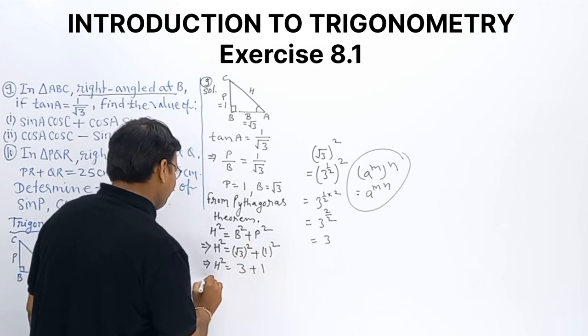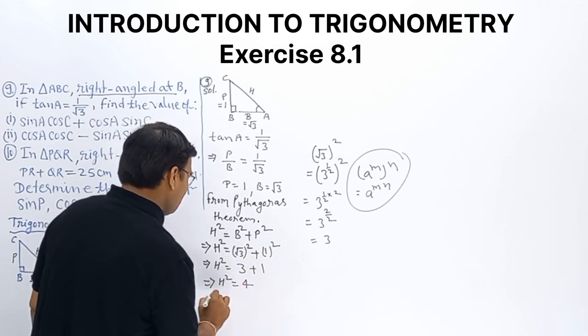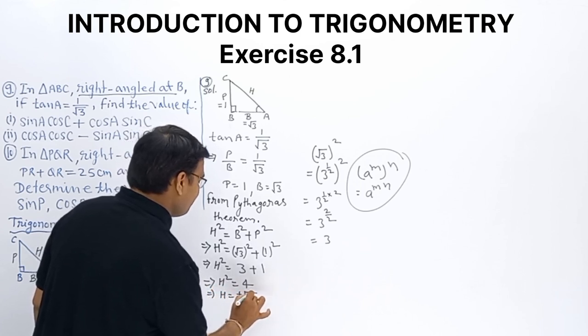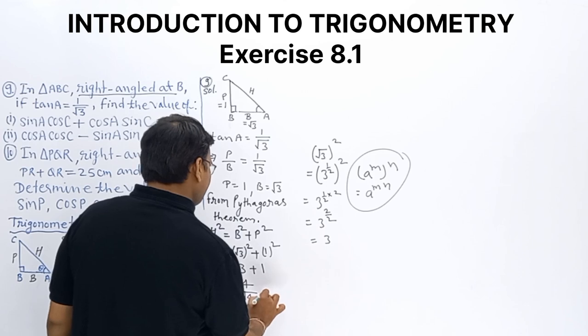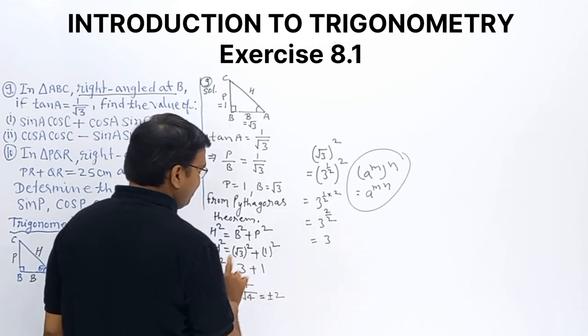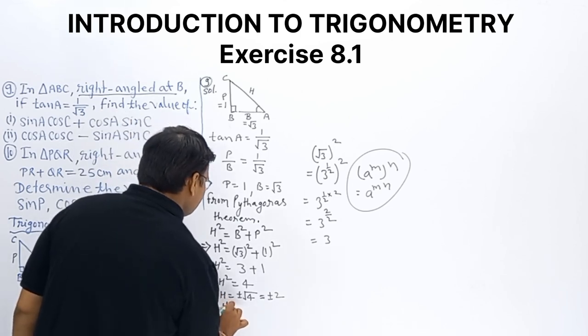And 1 square is 1. So the value of H square is 4. Finally, H equals plus minus square root of 4, which is plus minus 2. We will consider the positive value. Clear? So H will be 2.